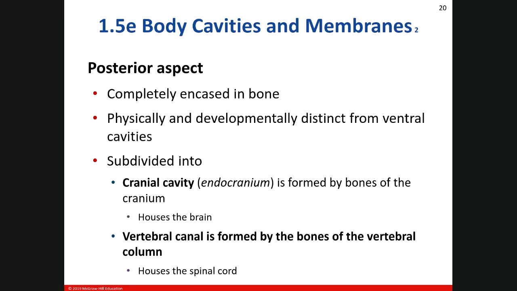One thing, make sure that you know this. The posterior aspect is completely encased in bone. This cavity is completely surrounded by bone, and the reason why is because of the structure that lives in the posterior aspect. Does anyone know what that is? Central nervous system.